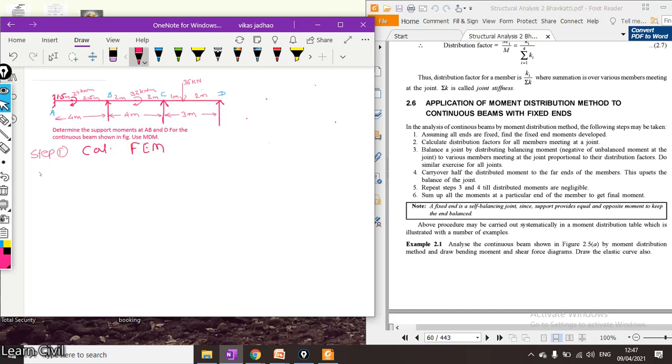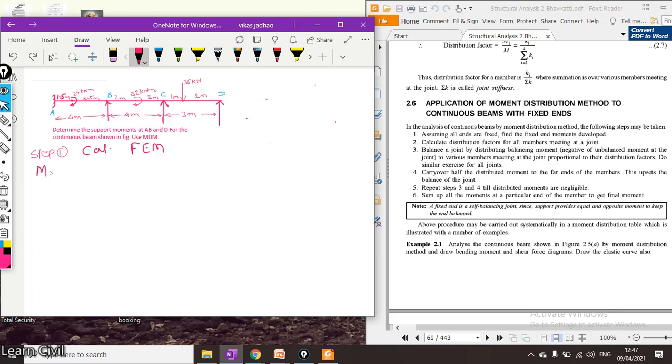So for MFAB, the fixed end moment is given by the formula. I have already given you the standard formulas. This is given by plus M B into thrice A minus L divided by L square.